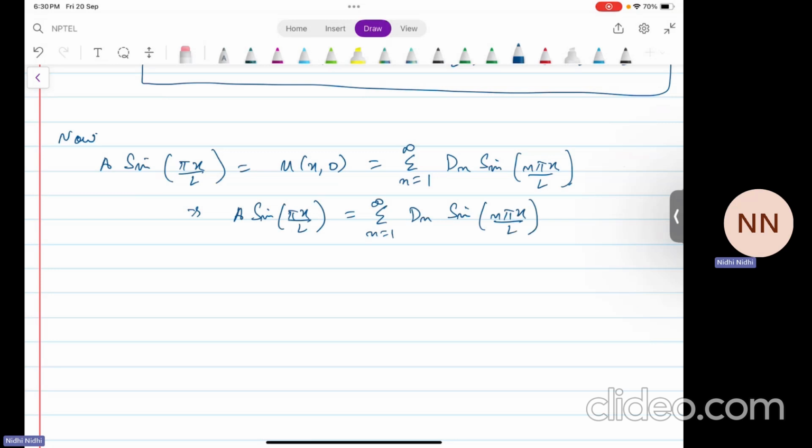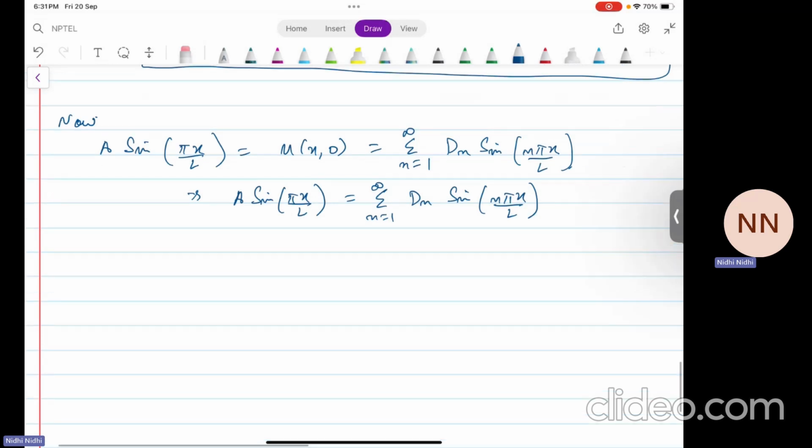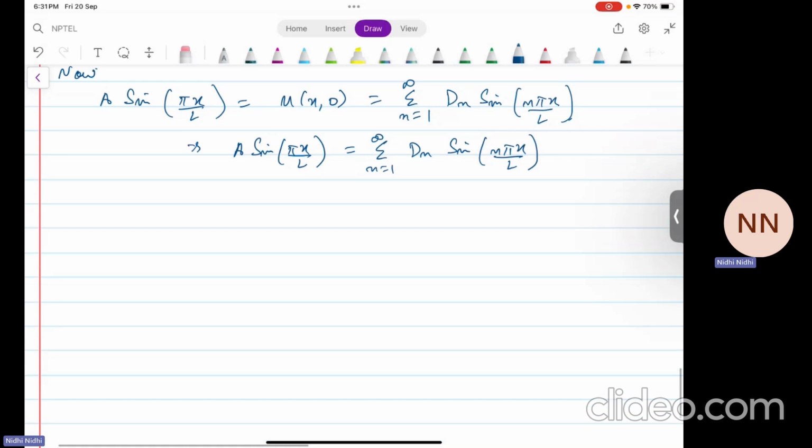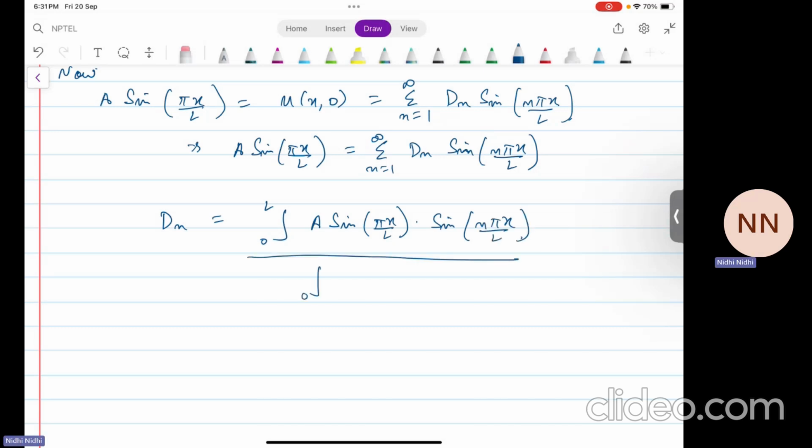Now if you remember our earlier sessions where we discussed the Sturm-Liouville problems, there we have seen that this dn can be evaluated and it is given as dn is equal to integration from 0 to L f(x) phi n(x) dx divided by integration from 0 to L of phi n squared. Here f(x) is sine pi x by L, phi n(x) is sine n pi x by L, and the denominator is the integral from 0 to L of sine square n pi x by L dx.